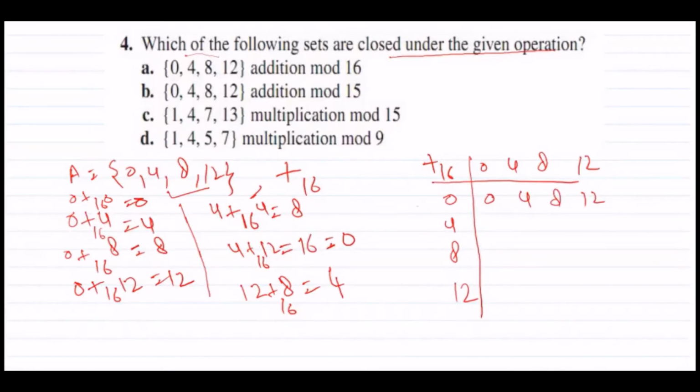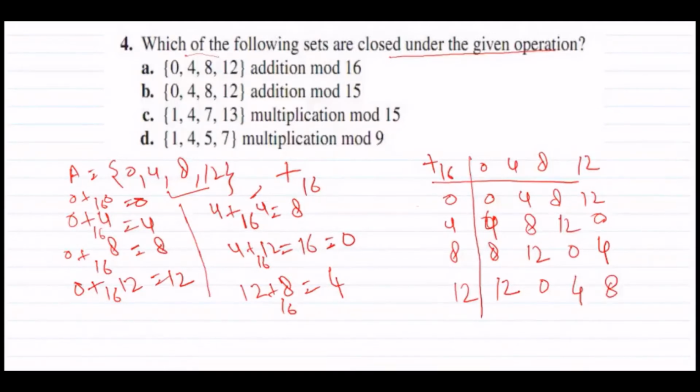Then 4 gives 4, 8, 12, and 4 plus 12 is 16, that is 0. 8 gives 8, 12, 0, 4, since 20 divided by 16 leaves 4. And 12 plus 4 is 16, remainder 0; 12 plus 8 is 20, remainder 4.